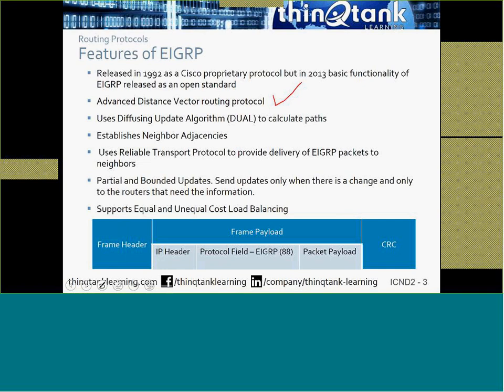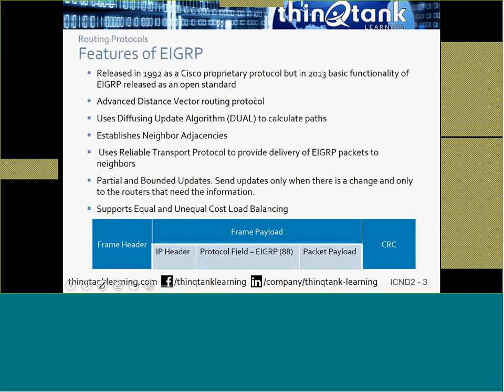EIGRP still falls within that group that RIP falls under, but it doesn't do periodic updates like most advanced distance vector protocols do. It does bounded updates, and it only sends out routing information when necessary and so on. But fundamentally, it is still a distance vector protocol.